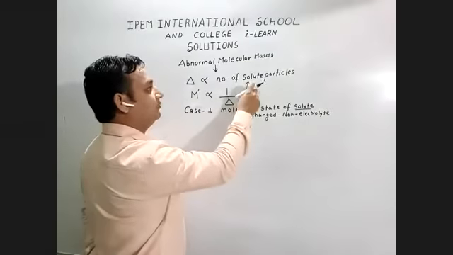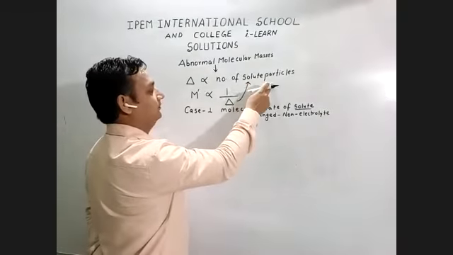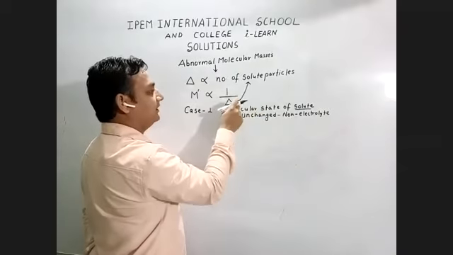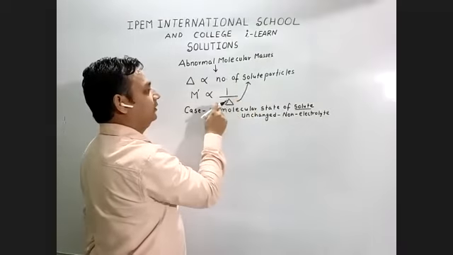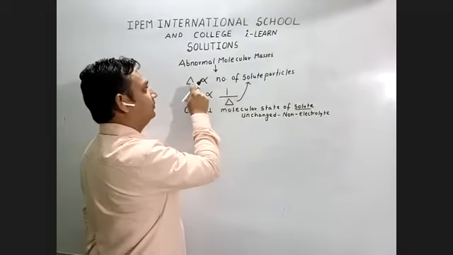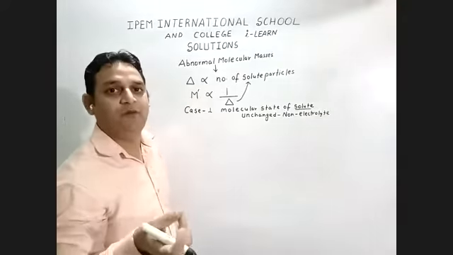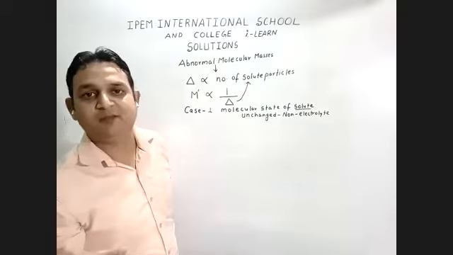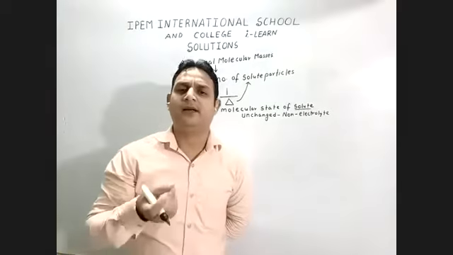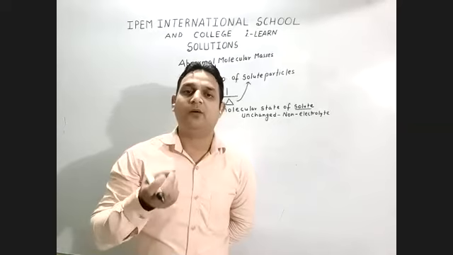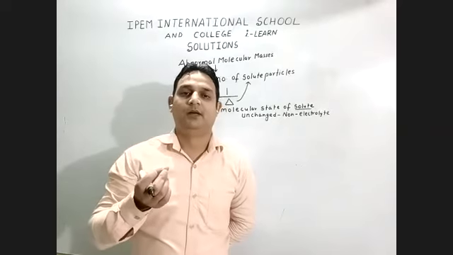If the number of solute particles is the same, colligative properties will remain the same. So the molecular masses of the solute will not change. It means you will not get abnormal molecular masses.